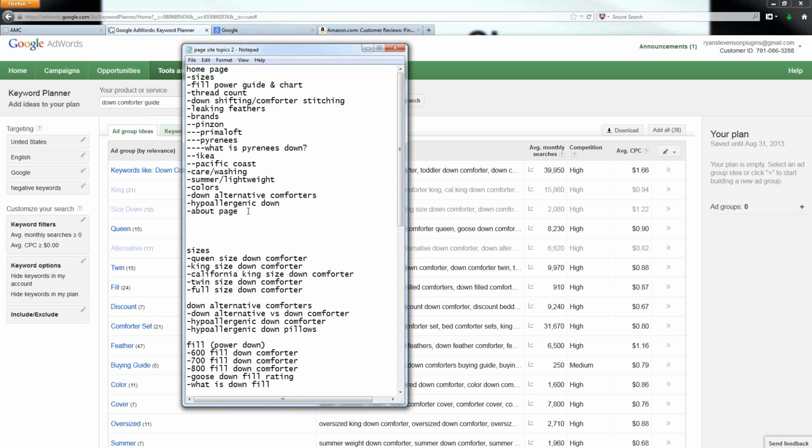Now, it's possible you may have already learned this information just doing your Amazon and Google research up until this point. But if you find that you need to get additional information about particular topics, especially new topics that you may have dug up through the Keyword Planner or through Amazon itself, there are a couple of different ways that you can find that information.